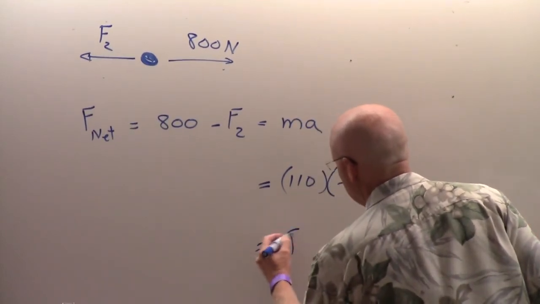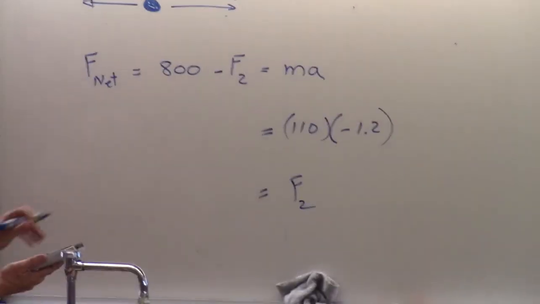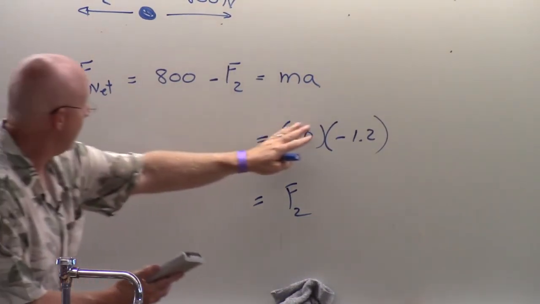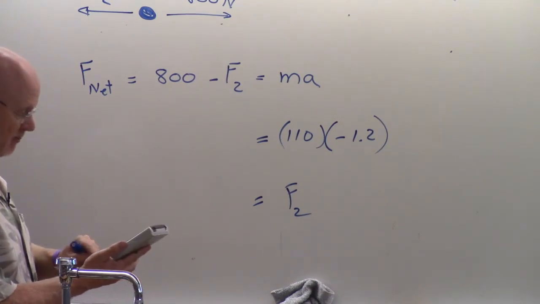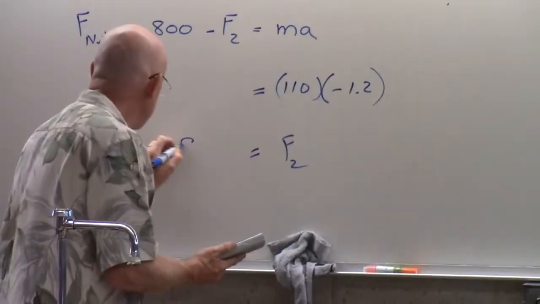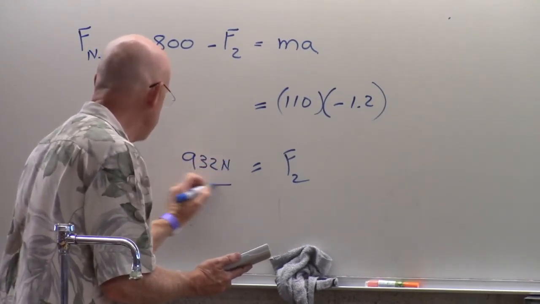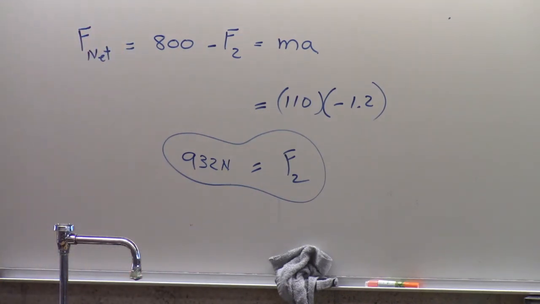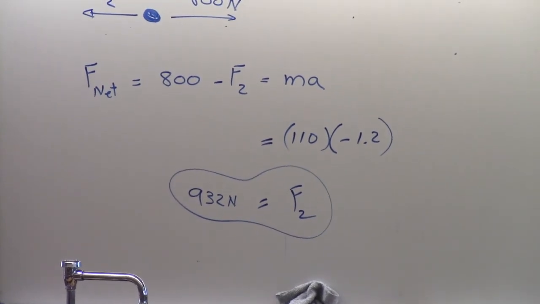And so F2 becomes this 800, and then I'll move this over to here, plus 110 times 1.2, and so 932 newtons is the force that the grass is putting on player 2 as it digs in their feet.